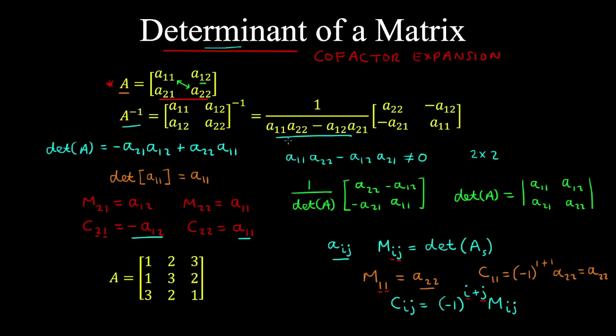So that's effectively the same as the determinant of A in the denominator here. So you could have done a cofactor expansion along column 1, column 2, row 1 and row 2, and you'll get the same result. So try to verify this.